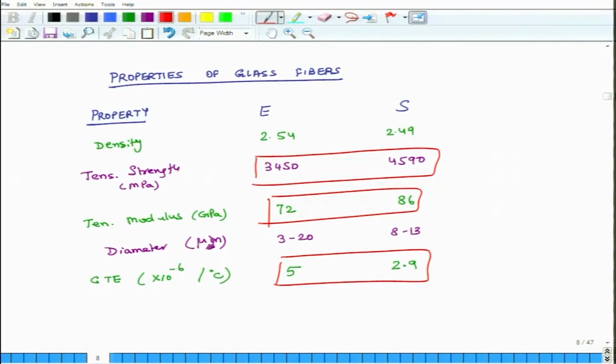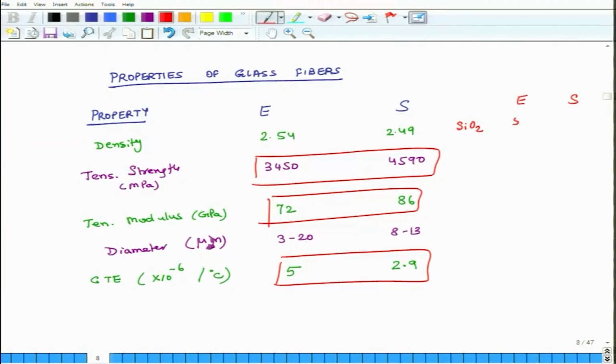So, the main thing is in their chemical constitution. If you look at E glass and if you look at S glass, these glasses are made from different types of oxides of metals and silicon. So, let us look at, one component is silicon dioxide.